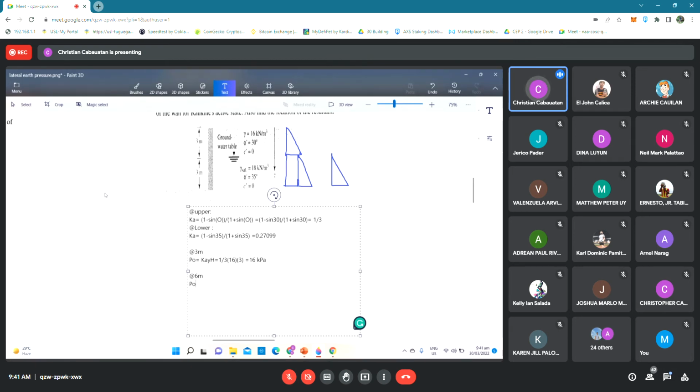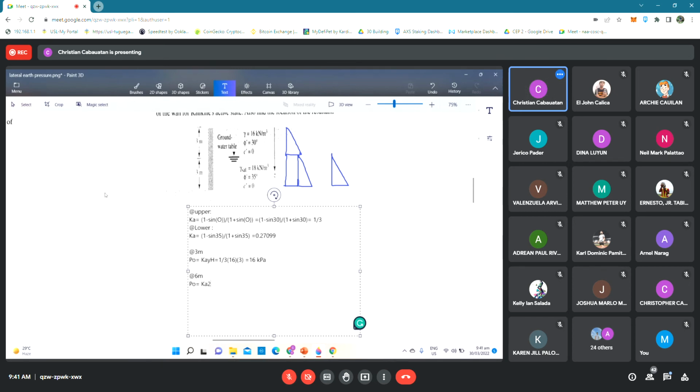Sa first part, kunin natin yung PO niya, yung square, rectangle, which is Ka2.